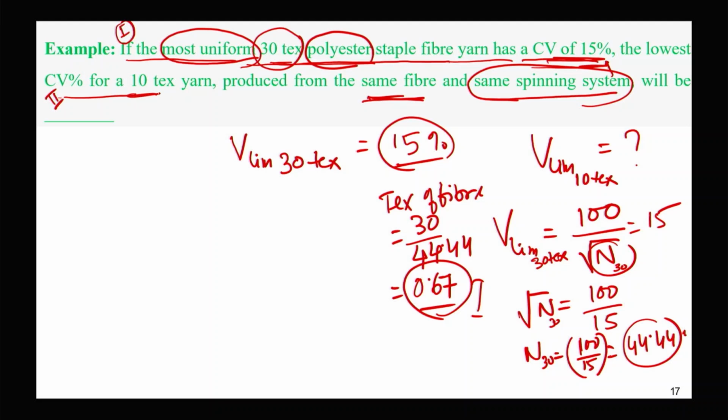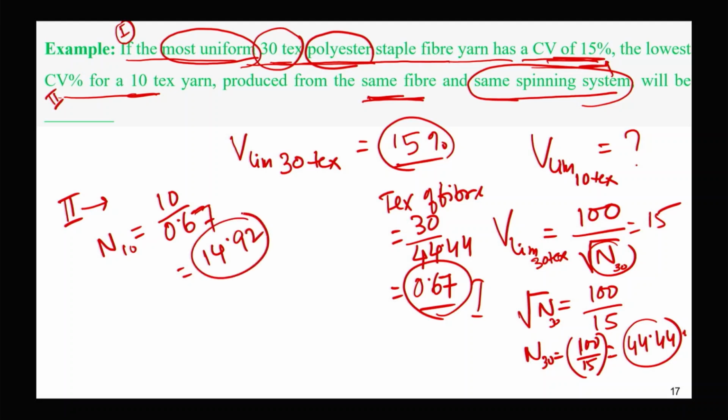So now condition 2, for a 10 tex yarn, the number of fibers in 10 tex will be yarn tex 10 by 0.6167, it will become 14.9. So approximately 15 fibers will be there in the yarn cross section.